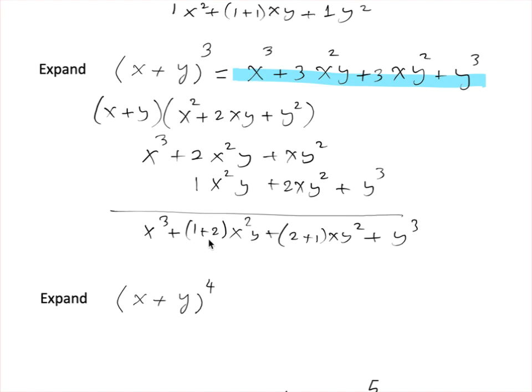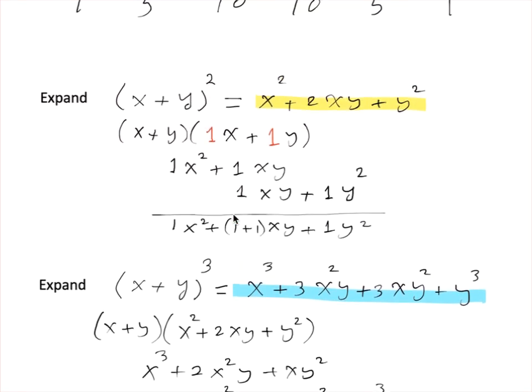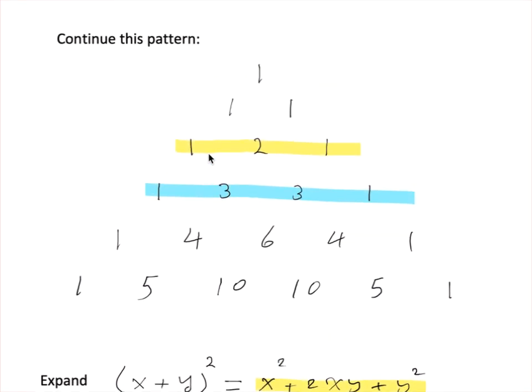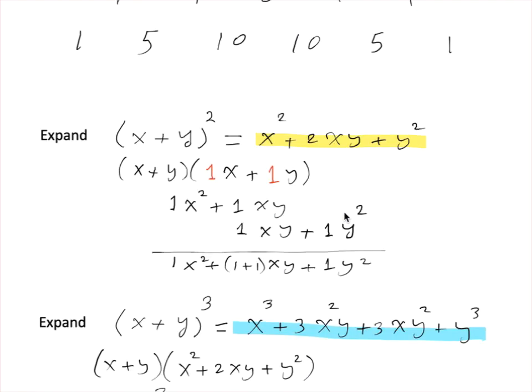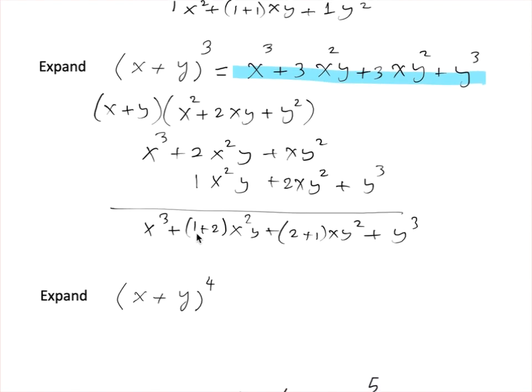And so you're adding the above row. You see these pairs of the above entries. 1 plus 2 is 3, and then 2 plus 1 is 3. So that's what these two are, 1 plus 2 and 2 plus 1.